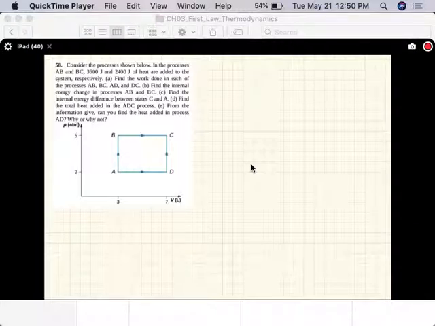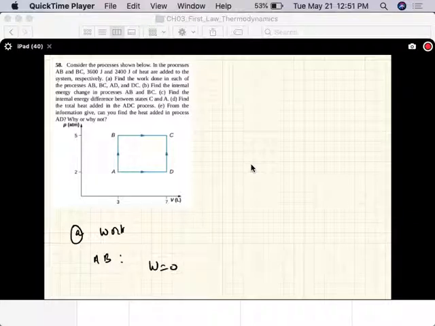Alright, so let's do it one piece at a time, and I'll have to do it fairly quickly. Part A: work done in various processes. Find the work done in each of the processes AB, BC, AD, DC. For the process AB, work is 0.